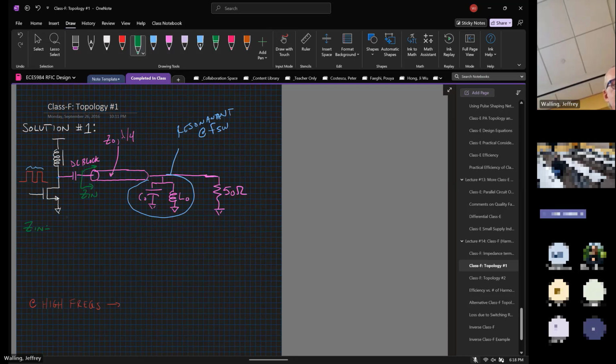If you remember from your microwave engineering class, a quarter wave transmission line has a special property: impedance inversion. That's what Rohit was mentioning here, but we can write this generally.